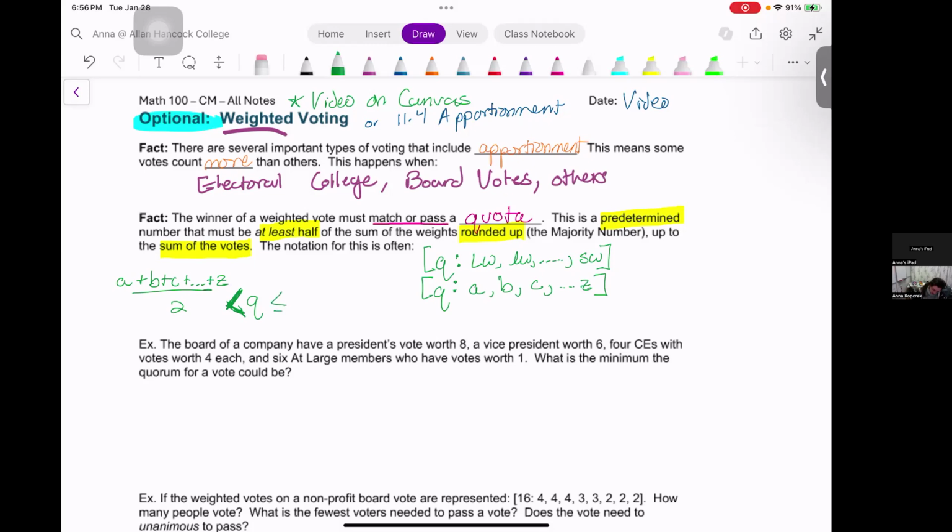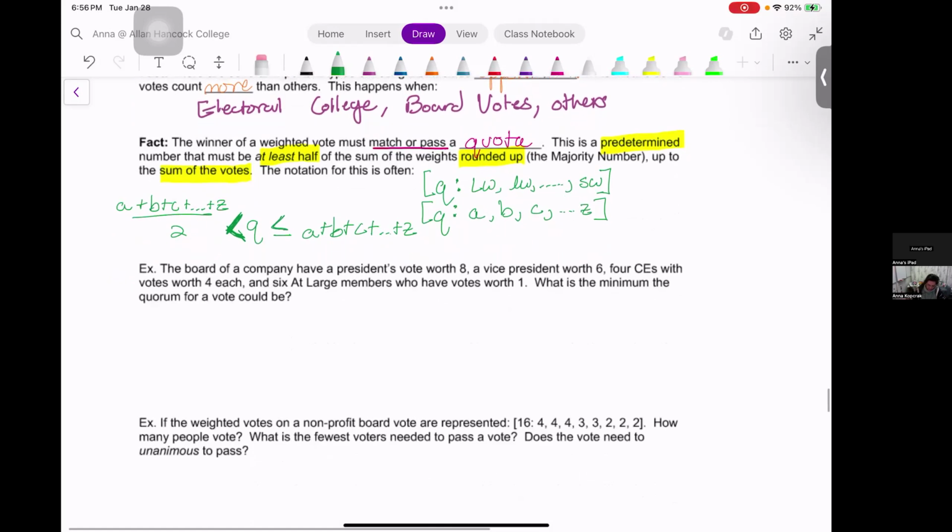And it can be smaller or equal to A plus B plus C, just everybody added up. Now that's because if it's equal to that, it will take everybody voting the same way to win the vote, okay? If it were any higher than that, there's no way anybody would ever win, okay? Because you would need more voters than you have possibilities, okay?